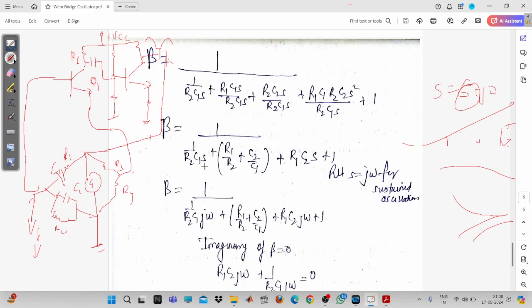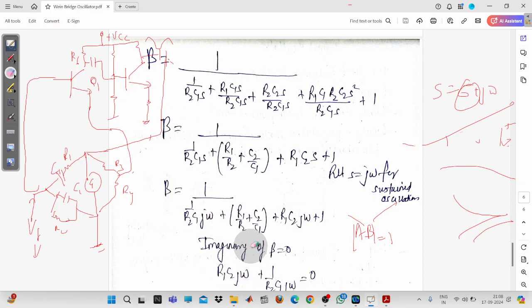So this is at j omega, and you know that A beta is a real quantity. When you put mod A beta equal to 1, A is real and beta is real. So beta will not have any imaginary part. So we will put this imaginary part as 0.